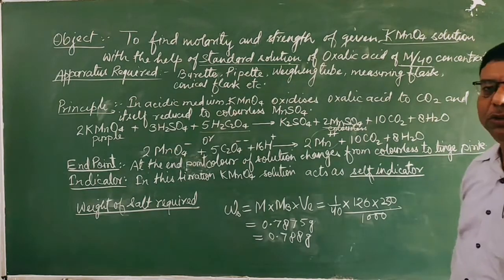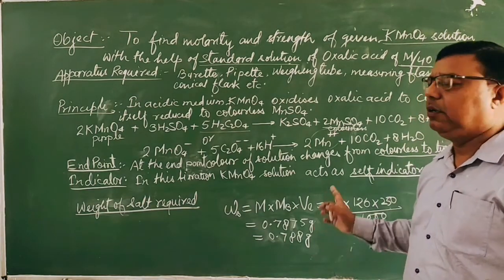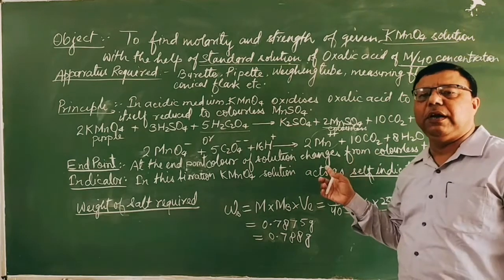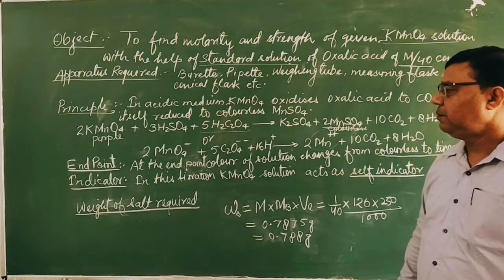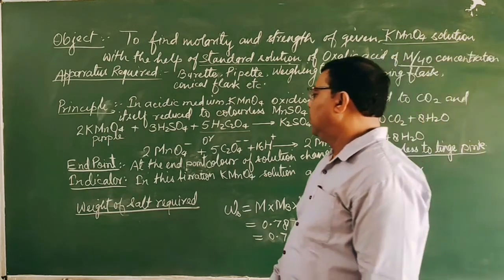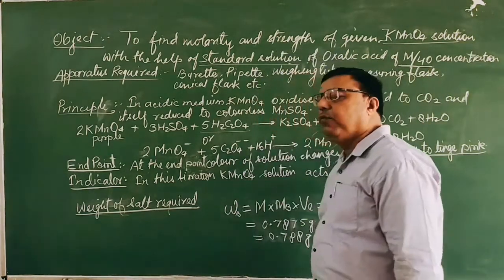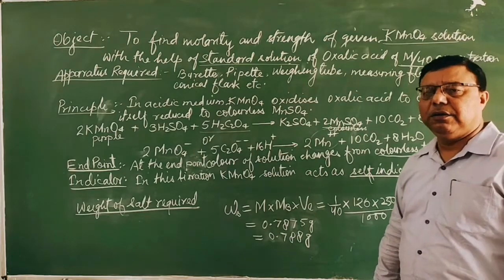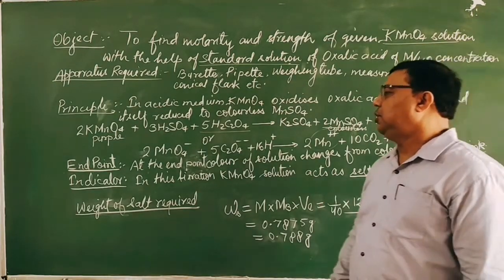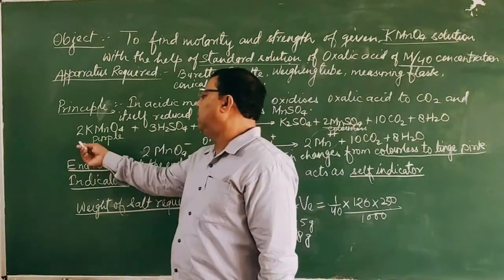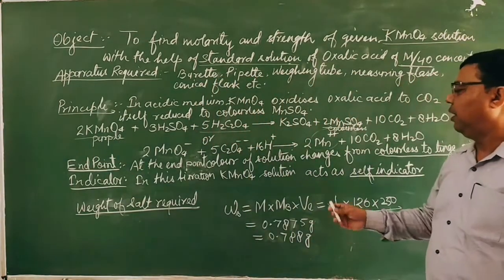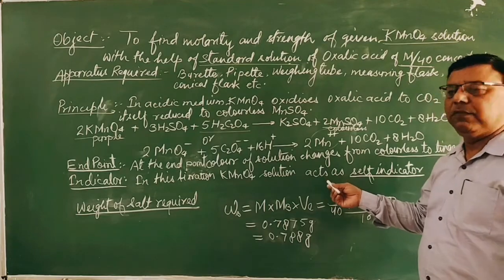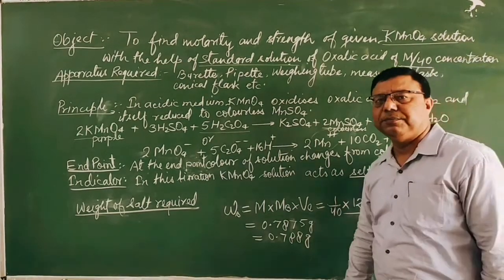When the color of the solution changes from colorless to tint pink, that will be our end point, which indicates the completion of the reaction. For every end point, we need an indicator. In this reaction, potassium permanganate, which is one of the reactants, acts as the indicator. So that is called a self-indicator.